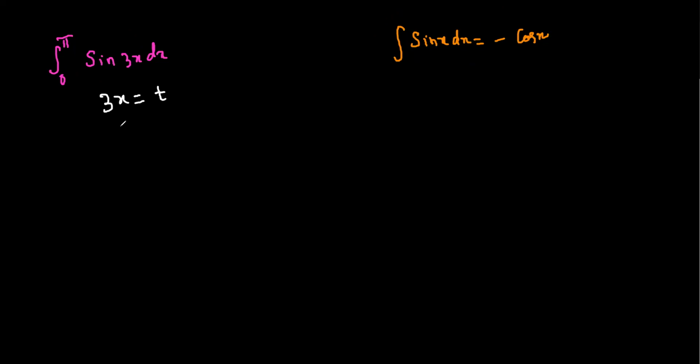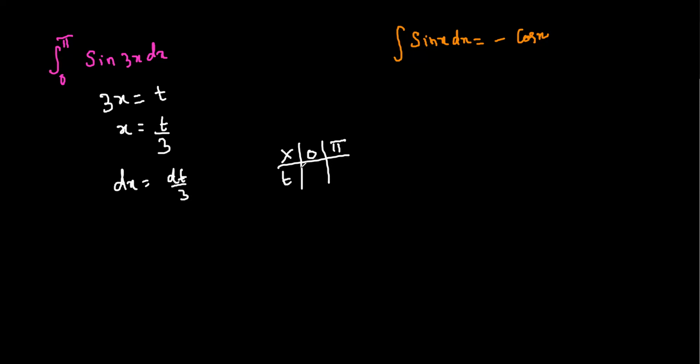First, change this integral into standard form. So always consider 3x is equal to t, then x becomes t by 3. Now differentiate this. Differentiation of t is 1, right? Now change the limit also. Limit of x was 0 to pi.